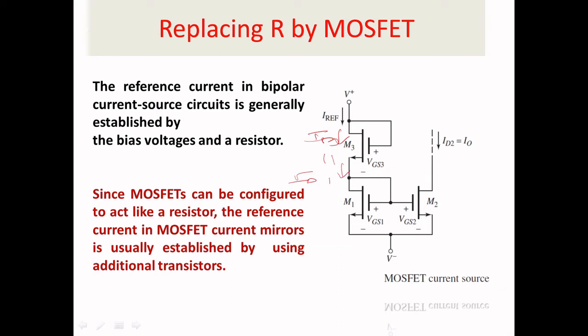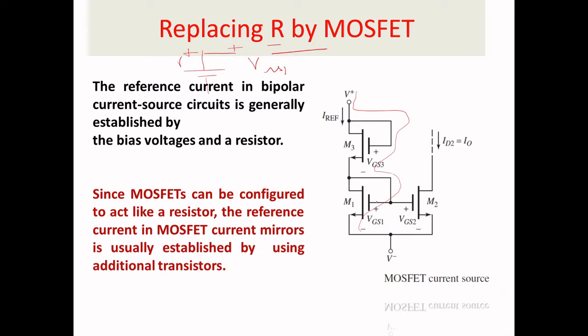When you apply the KVL in this circuit, you apply it in this loop. I'll draw it separately: here you have minus plus, that is V plus, then this part is VGS1 plus minus.